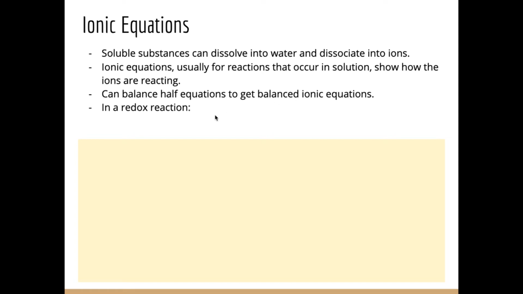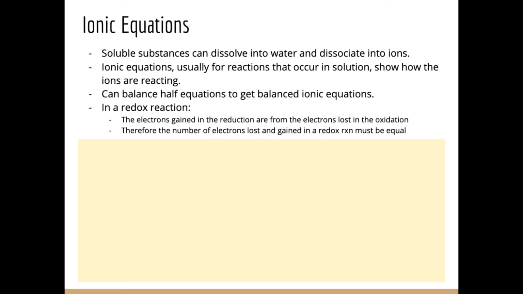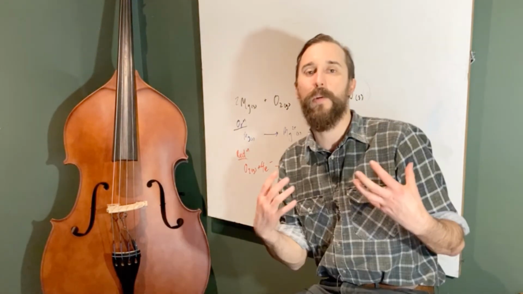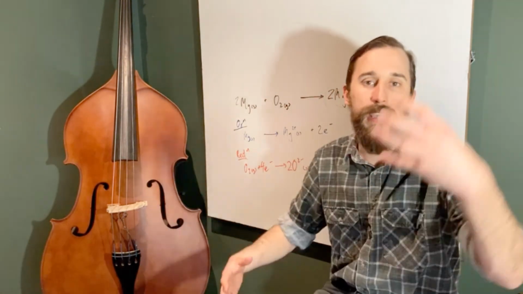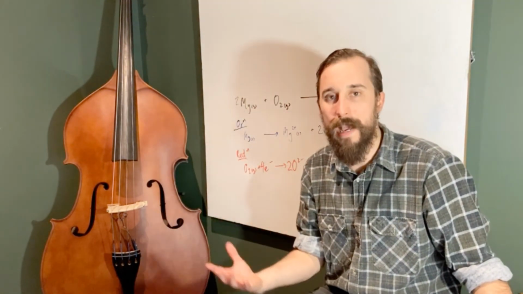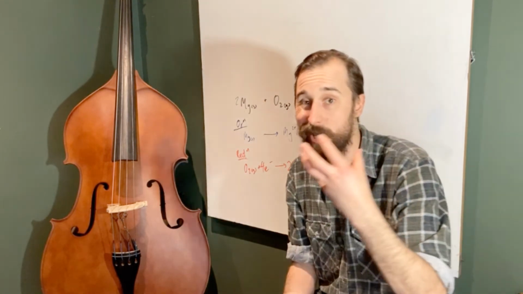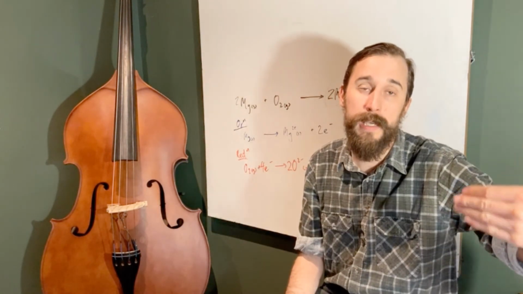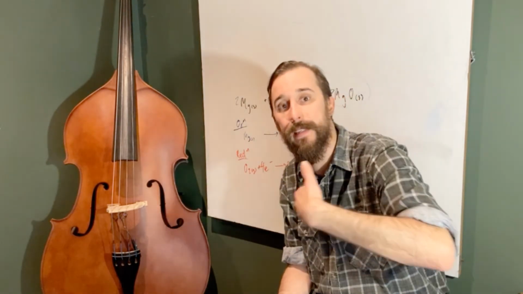In a redox reaction, the electrons gained in the reduction are from the electrons lost in the oxidation. Therefore, the number of electrons lost and gained in a redox reaction must be equal. So I keep harping on about this idea of conservation of mass. You can't create matter, you can't just destroy matter, it's got to come from somewhere. So in our redox reactions, we've got a reduction and an oxidation occurring simultaneously: one species losing electrons as another species gains electrons.